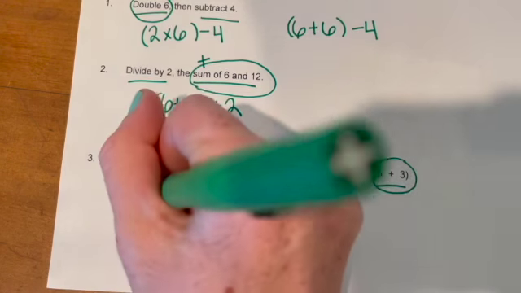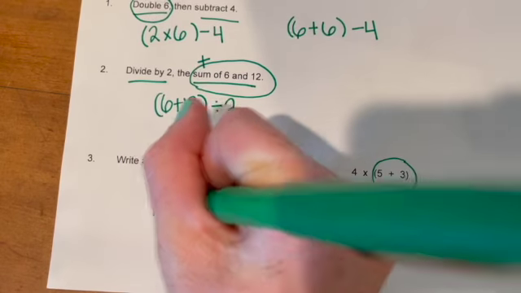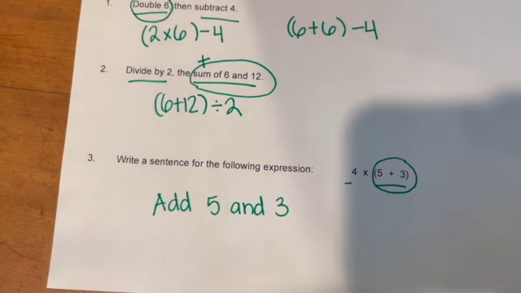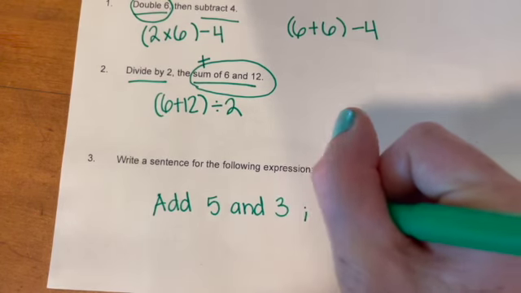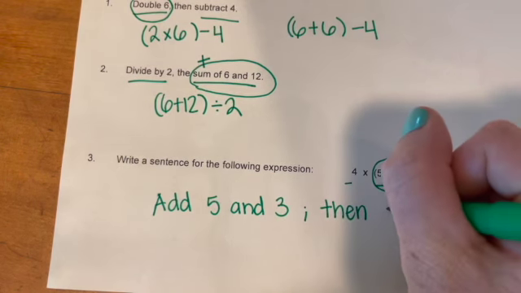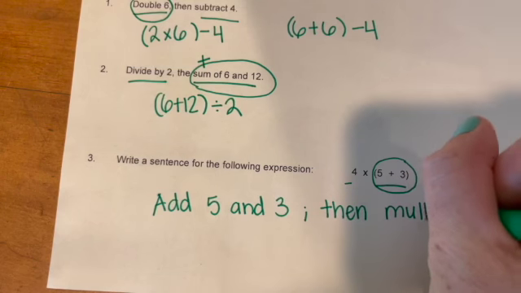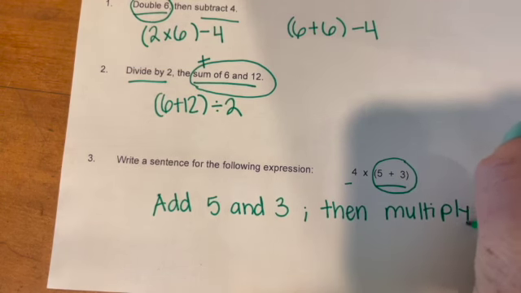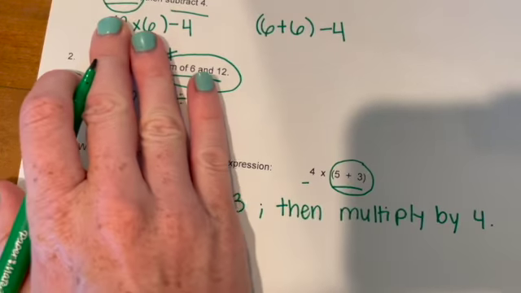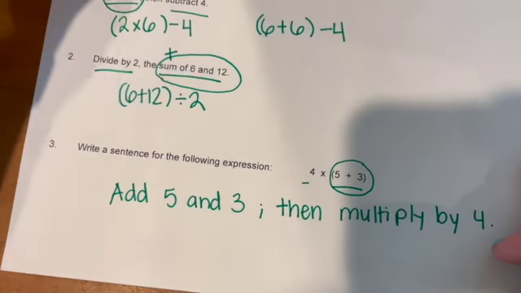So add 5 and 3. Then multiply by 4. That could work.